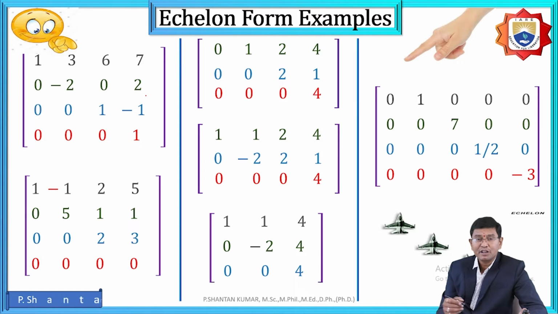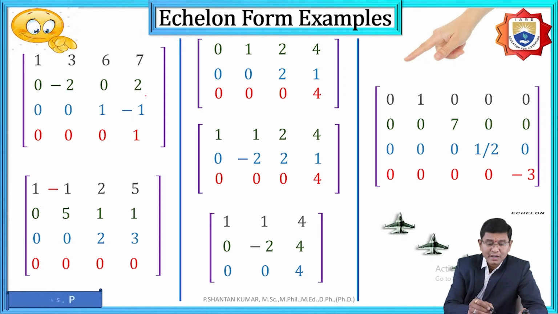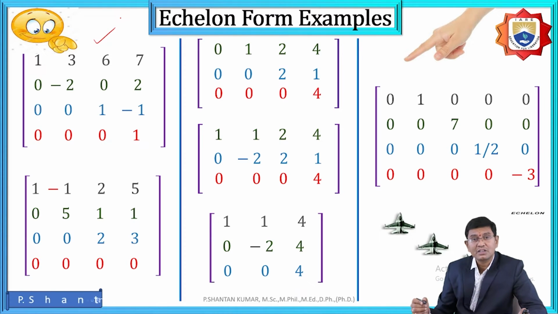And if zero rows are available, we put them at the bottom. And again in the first matrix, the first non-zero element should be 1 or any unity; that is automatically satisfied. The third condition is very important to understand.